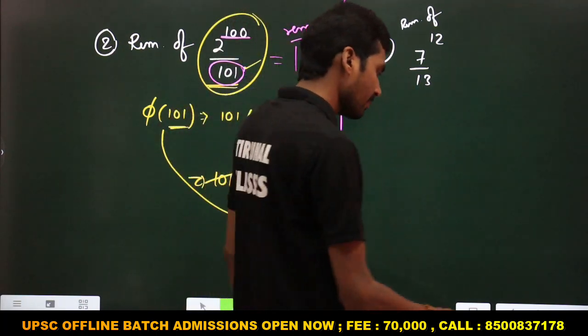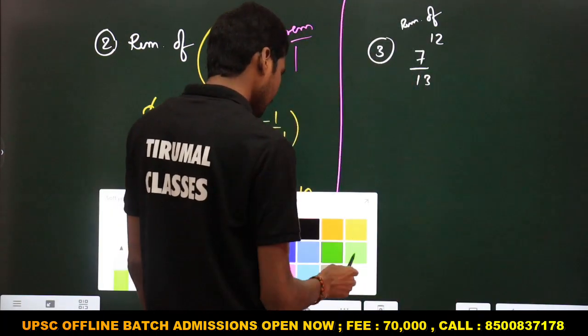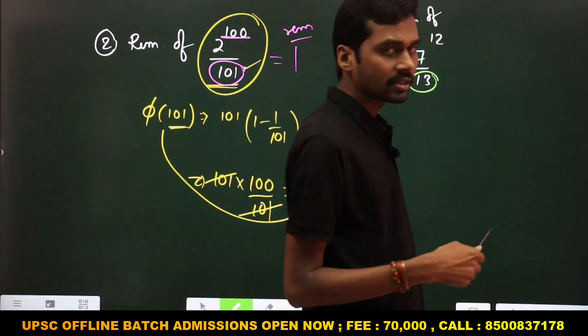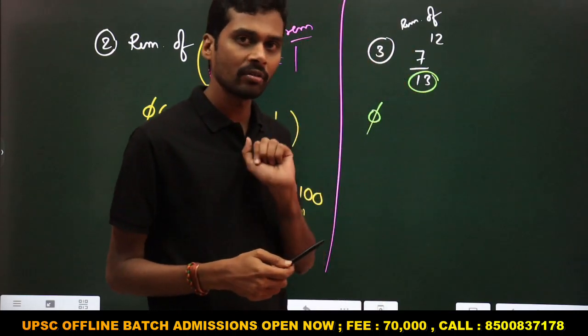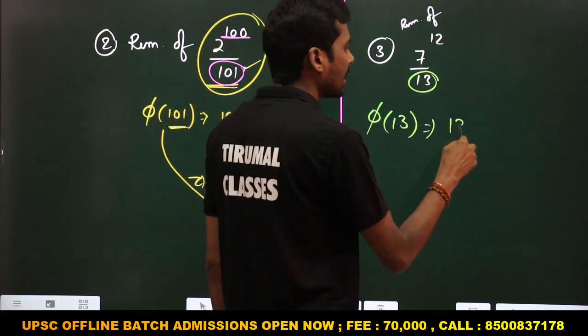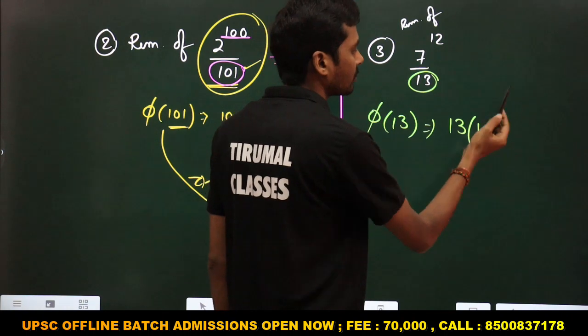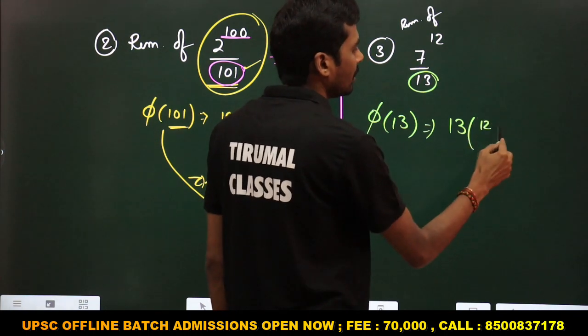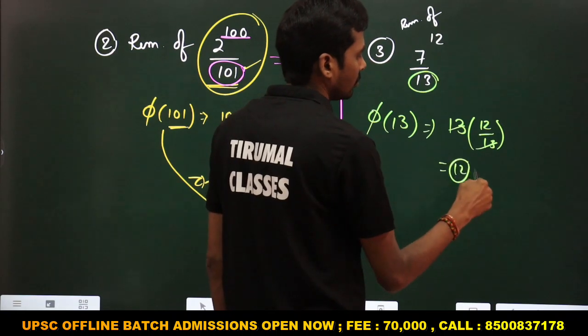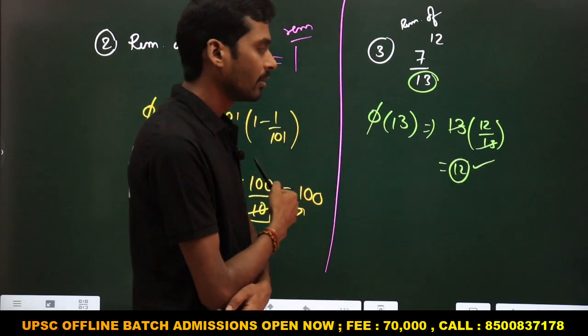Take the next example. The first step I have to do is just take the denominator and find out the totient of that number. So phi of 13, 13 is a prime number, so n into 1 minus 1 by 13, which is nothing but 12 by 13. So 13 gets cancelled, so 12 is the number we have.